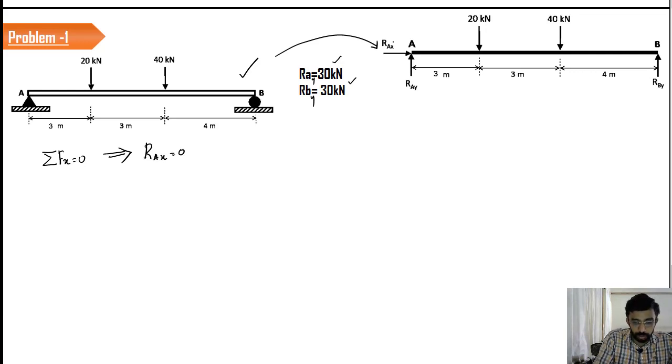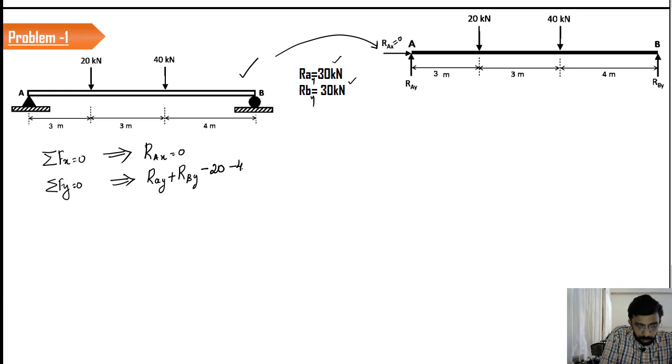Right? So this value is equal to 0. Now we will go for Fy equal to 0, which is going to give you RAY plus RBY minus 20 minus 40 equal to 0, and we can say that RAY plus RBY equal to 60 kilonewton.